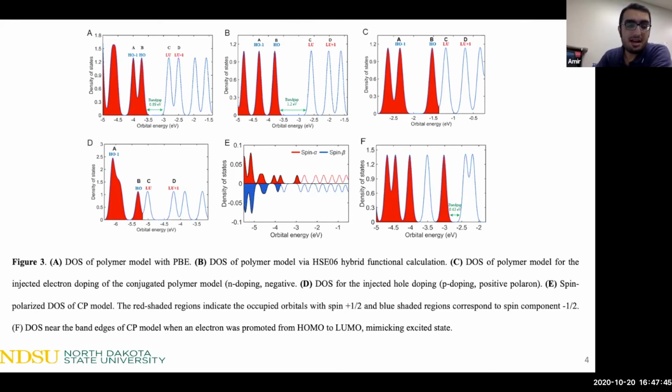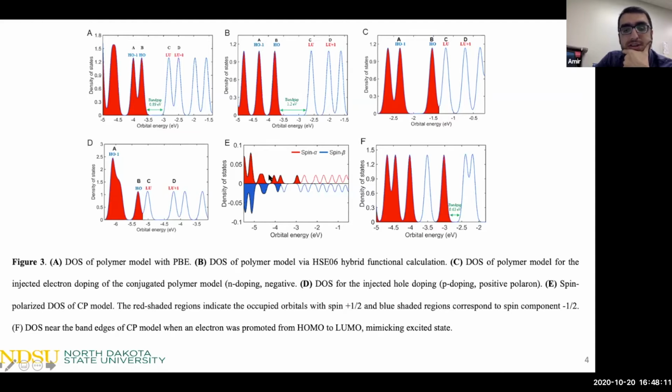Again, we can see that the new energy gap is smaller than the original gap, as you can see here. The next two figures are subfigures E and F. Subfigure E stands for spin polarization.